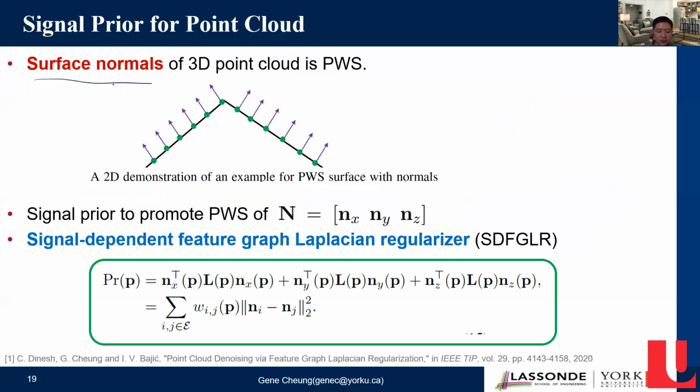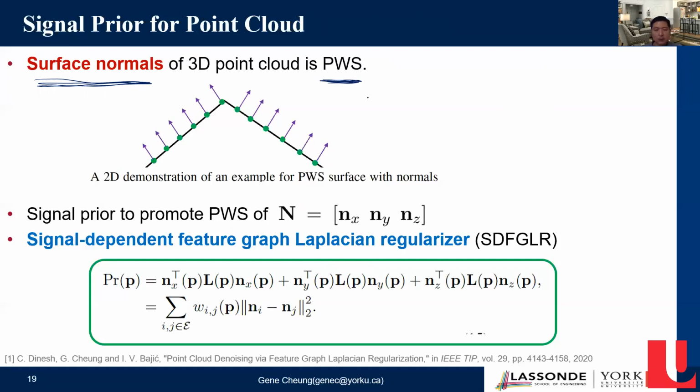Let me talk more about the notion of surface normal. It's very important in point cloud denoising, because if we assume the point cloud is piecewise smooth, we should consider surface normals instead of the coordinates. So why is that? First of all, what does it mean for a point cloud to be piecewise smooth? It means that the surfaces are piecewise smooth.